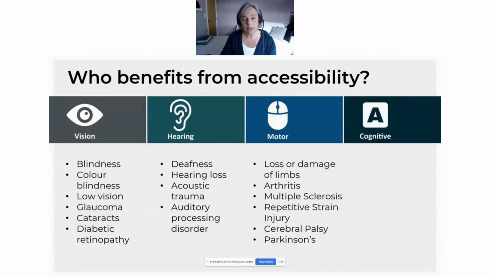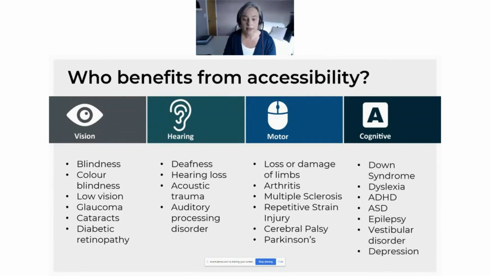And then under cognitive, this is probably the widest group that we have. It covers so many different aspects of cognitive ability. We have some learning disabilities, so quite often Down syndrome will come up. Then we have some examples of neurodiversity, so things like dyslexia, ADHD, ASD.